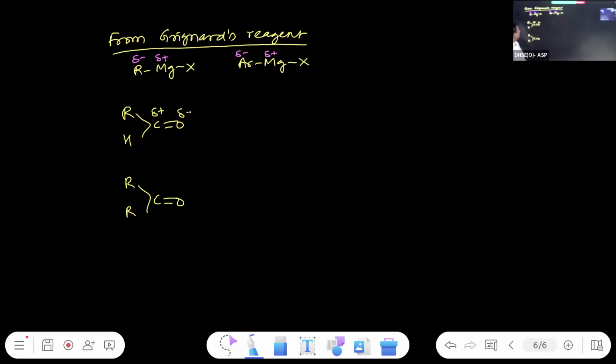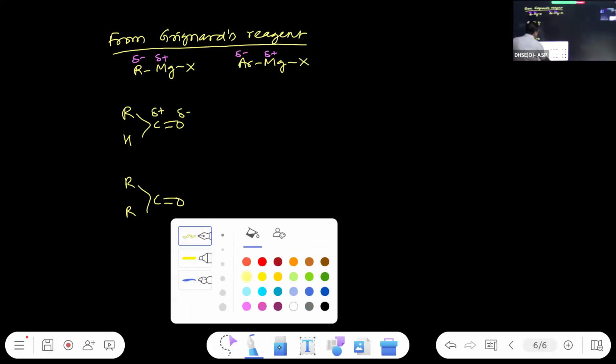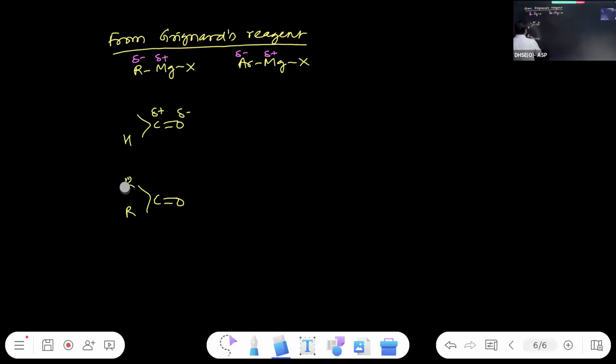What will be the nature of the alcohol: primary, secondary, or tertiary? Let us see. Suppose in place of R we take CH3, and the Grignard reagent is CH3 magnesium bromide.